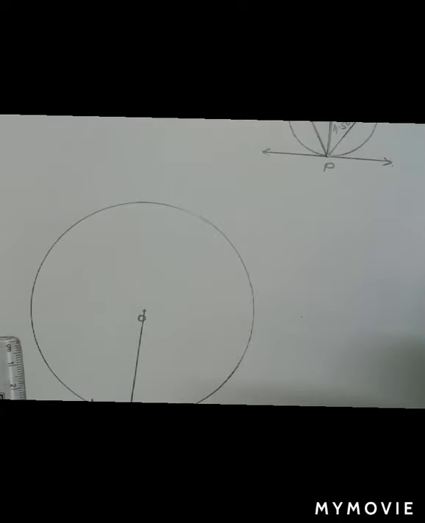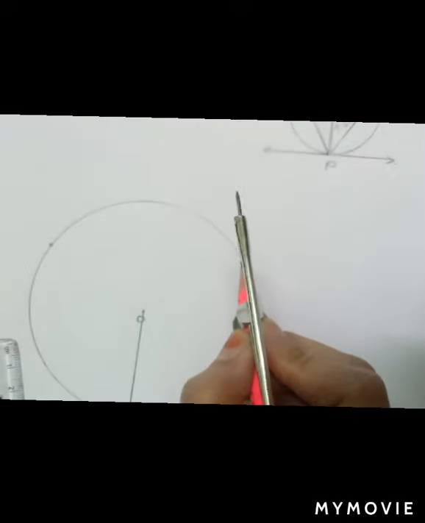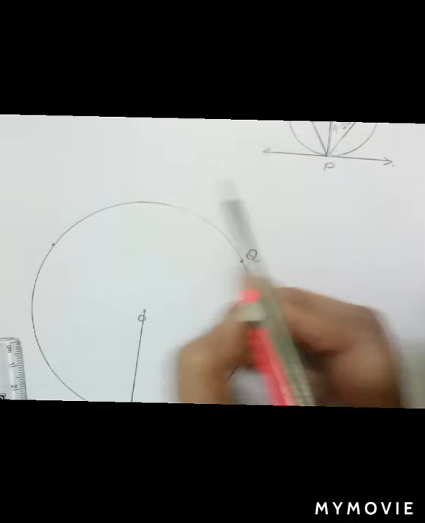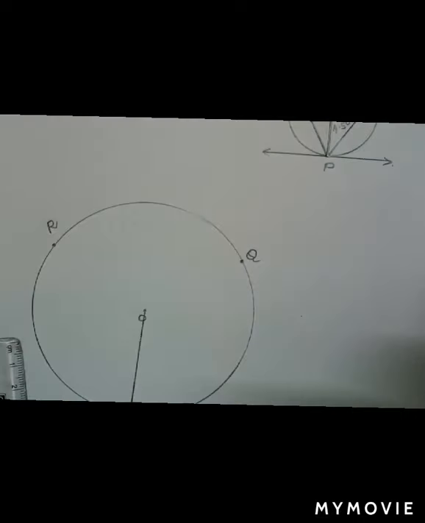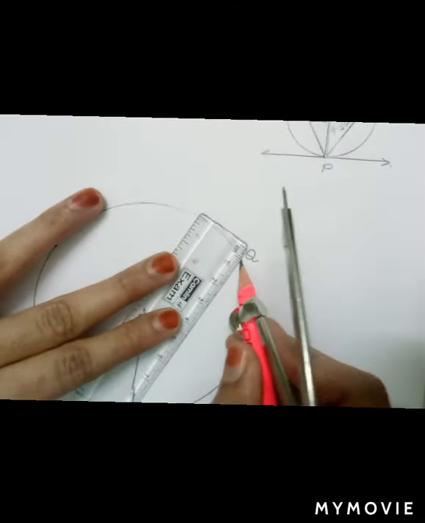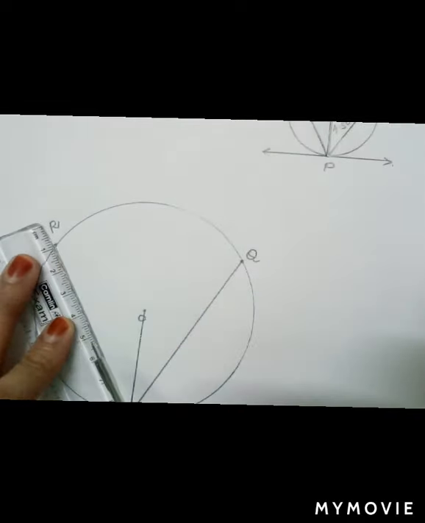Mark any two points Q, R on the circle, marking it as P, Q, R. Let's join these two chords with the point P. Join it carefully.